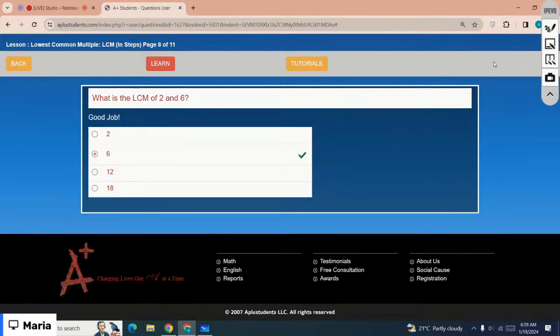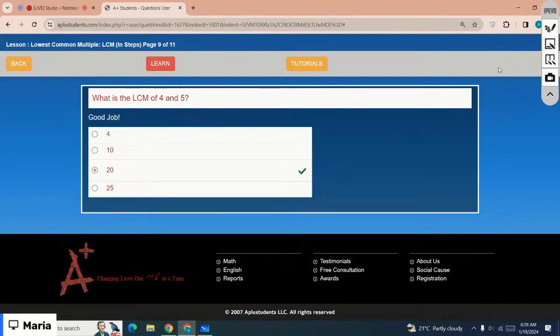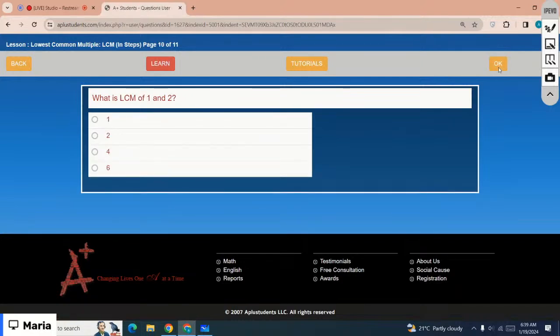Okay, the next one is, what is the LCM of 4 and 5? Which is the correct option? The correct option is 20. The LCM of 4 and 5 is 20. Okay, what is the LCM of 1 and 2?